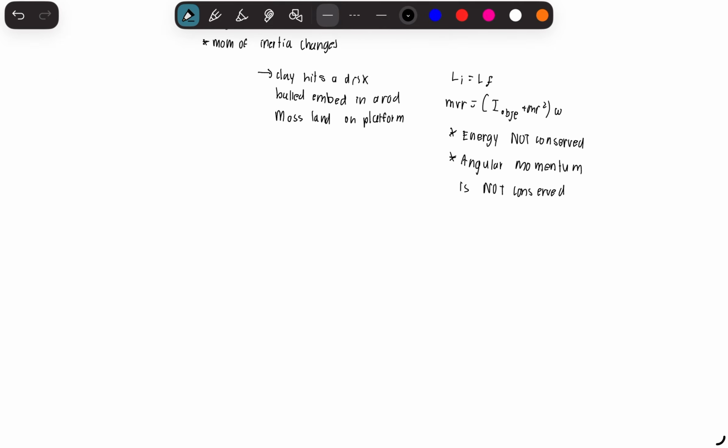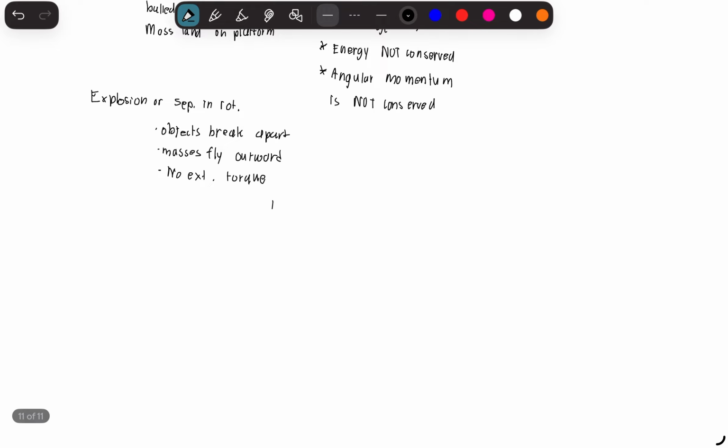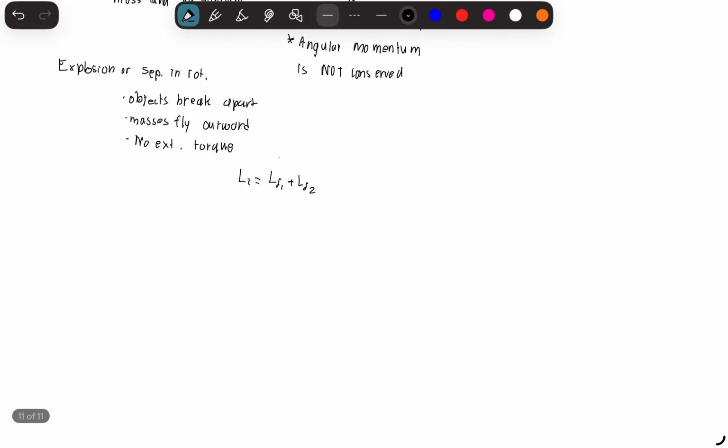Now let's talk about what if you have an explosion or a separation in rotation. That happens when objects break apart, when masses fly outward, and that's also when you have no external torque. So this is going to be when your initial is equal to your final 1 plus final 2. This is because we have two objects.